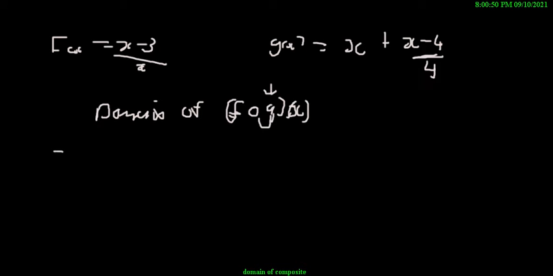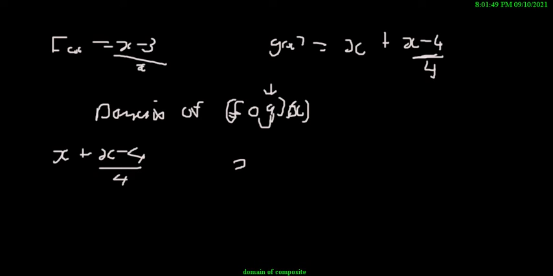So we ask, what cannot work in g of x? We see that anything can work here, and the answer will be defined. So then we move on and find fog. To find fog, we do the usual: we put g of x in f of x.